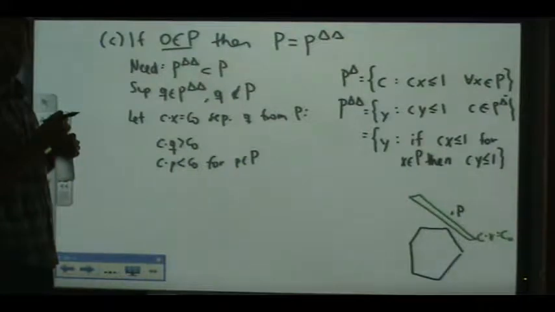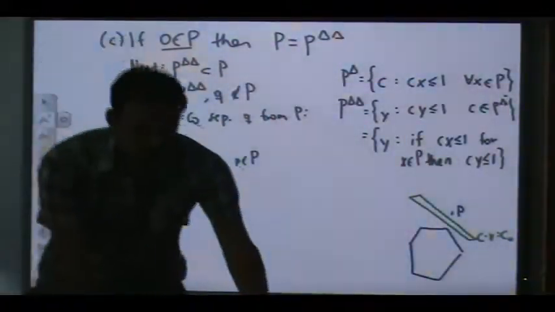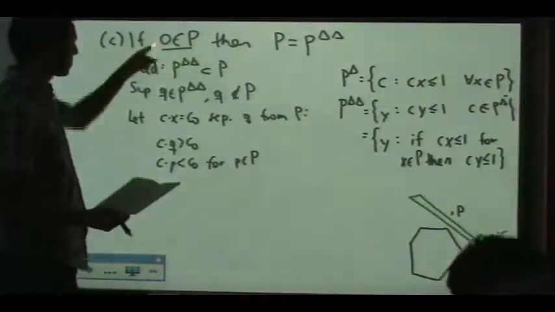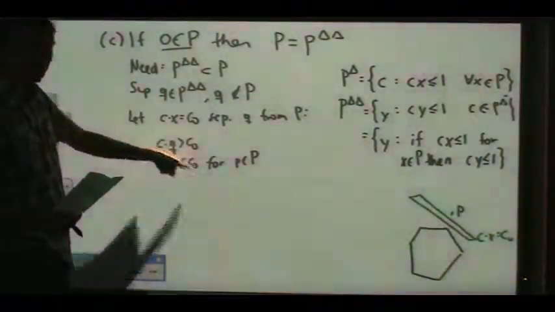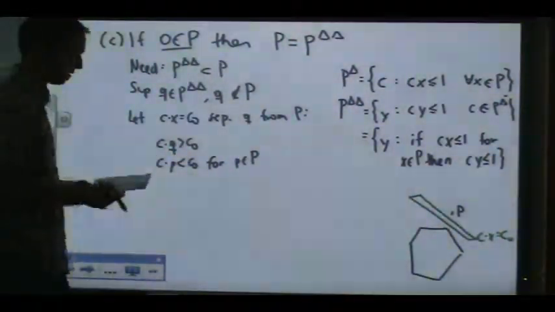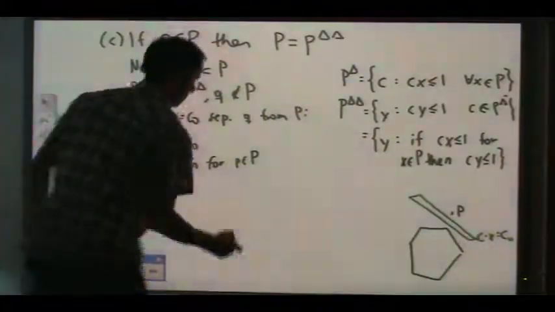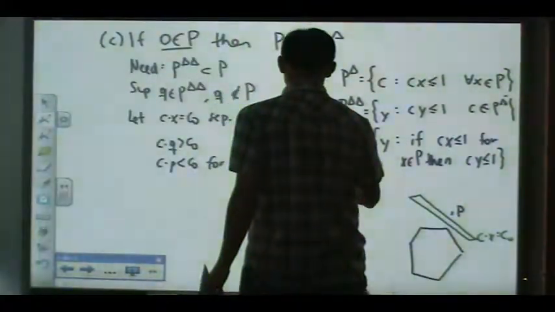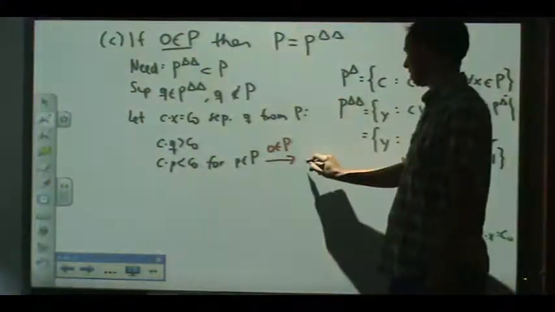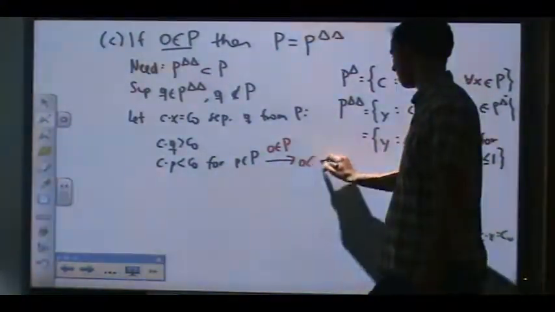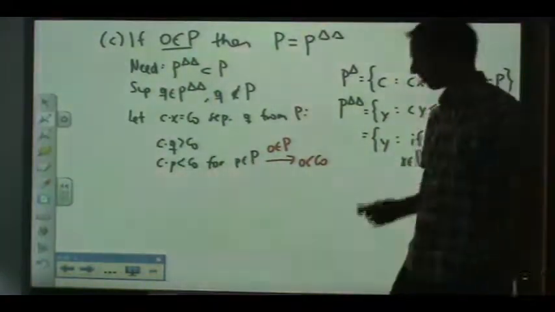We haven't used that zero is in the polytope. If zero is in the polytope, then according to this, C dot 0 is greater than C0. So because 0 is in the polytope, when I plug in P equals 0, I get that 0 is less than C0.